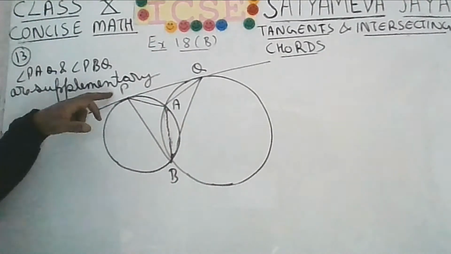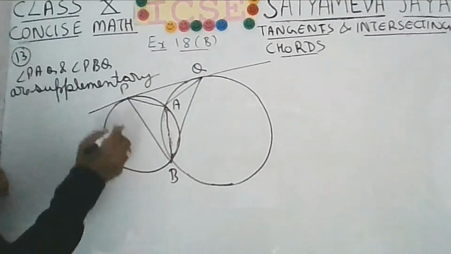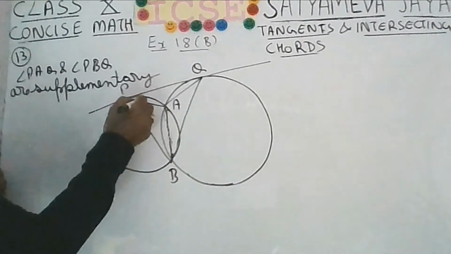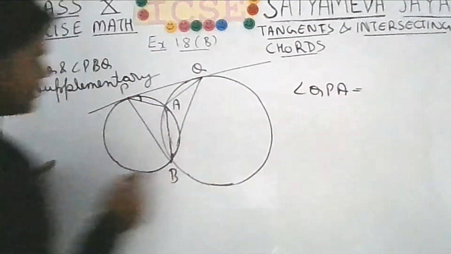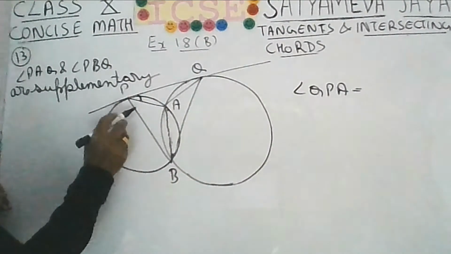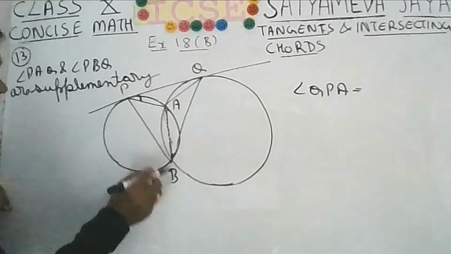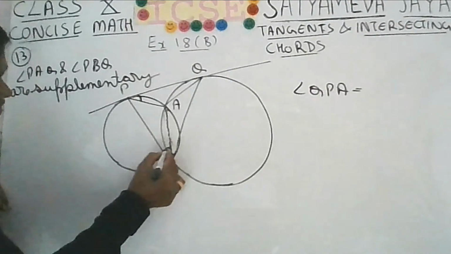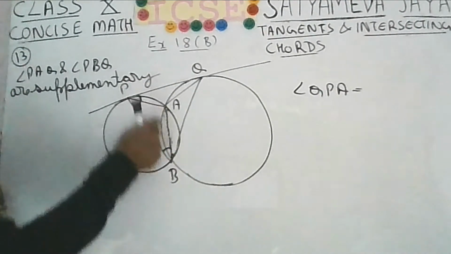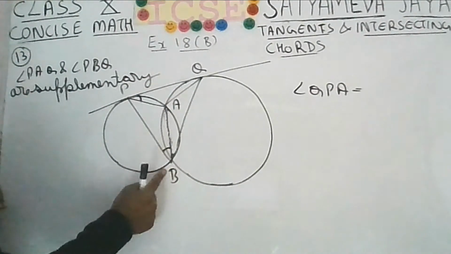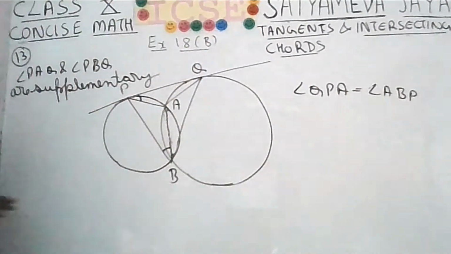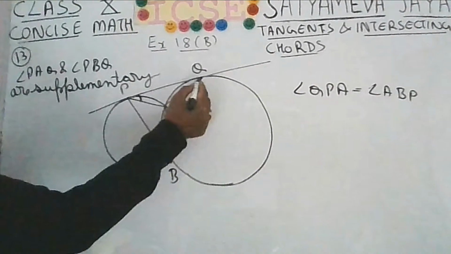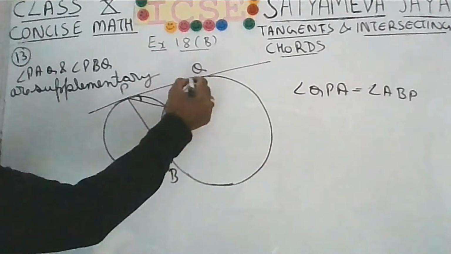Now PQ is the tangent and PA is the chord, so you can say that this angle, angle QPA, must be equal to the angle in the alternate segment, that is angle ABP. PA is subtending angle ABP at point B. Similarly here you have chord AQ and tangent PQ.